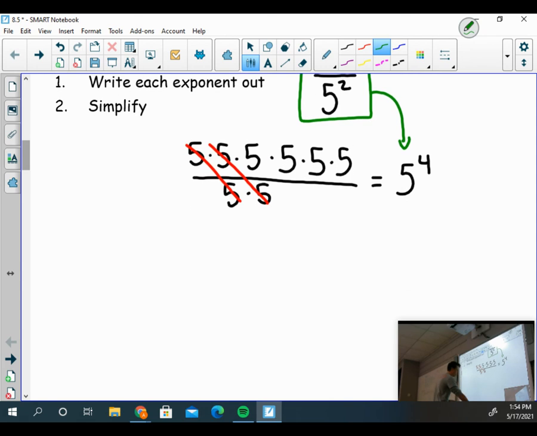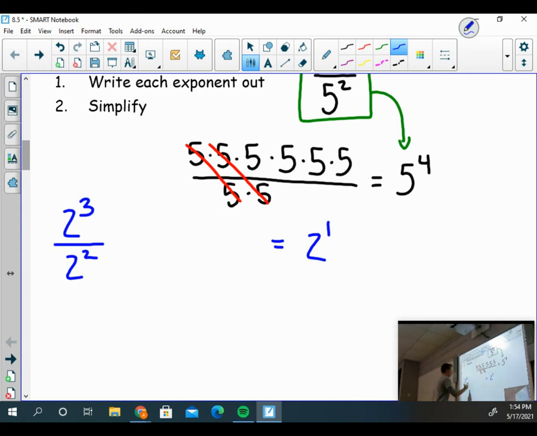Maybe we look at one more example to make sure this is a correct rule. Maybe we do 2 to the 3rd over 2 to the 2nd. By this shortcut we've observed, if we just subtract the denominator's exponent from the numerator's, I should end up with 2 to the 1st power here.